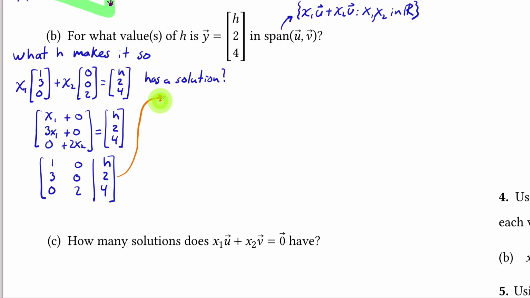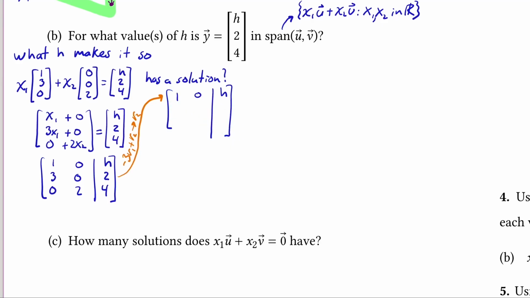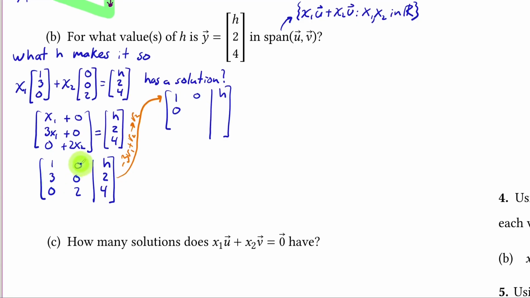We can do -3 times row 1 plus row 2 to replace row 2, clearing out that 3. That makes the new row 2: -3 times 1 plus 3 is 0, -3 times 0 plus 0 is 0, -3 times h plus 2 is -3h plus 2.